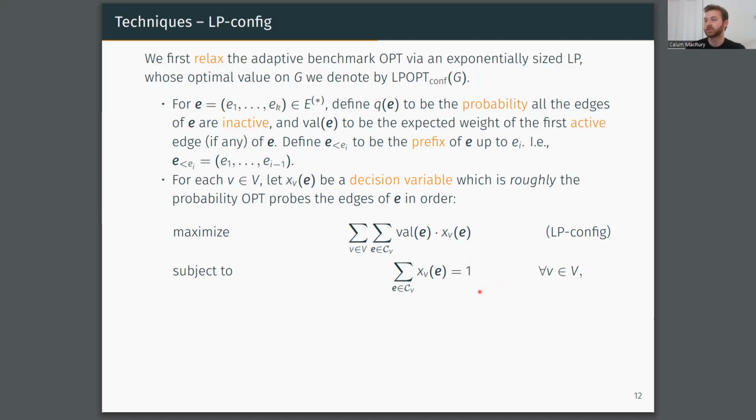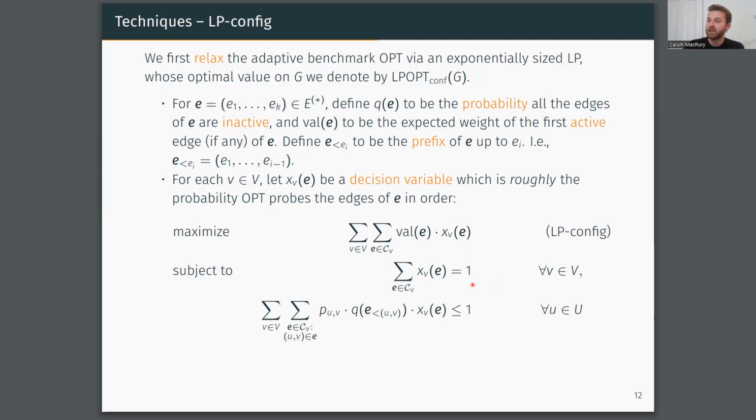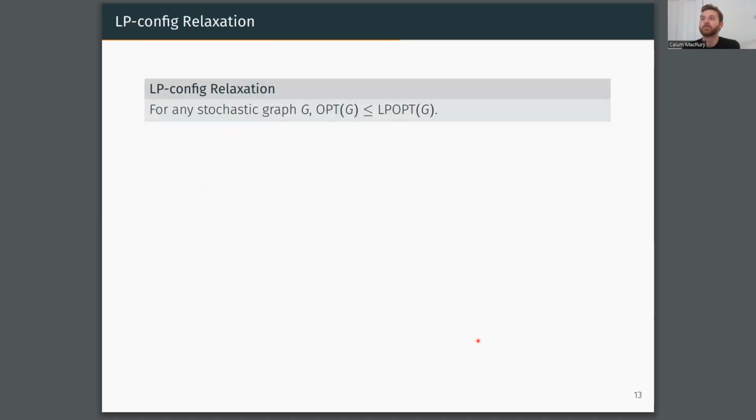The next constraint, we'll refer to as a distributional constraint, and as we're going to see, it's going to allow us to recover a probing strategy from an LP solution. And finally, we have a more standard ex ante constraint where we impose that every offline vertex is matched at most once in expectation. And finally, non-negativity.